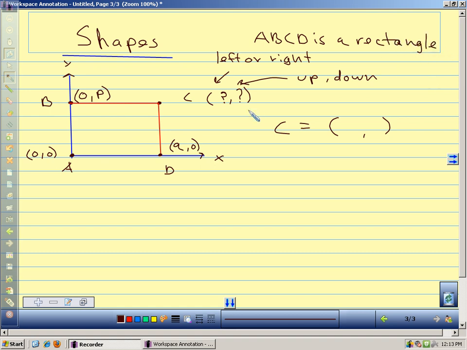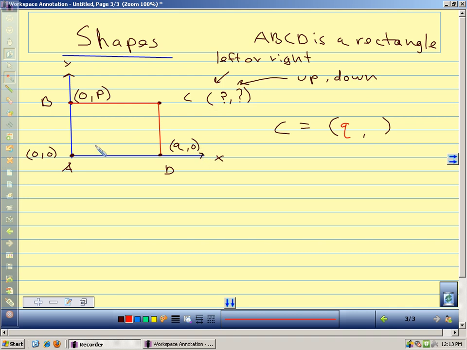If ABCD is a rectangle and point D is over Q spaces to the right, how far right have I moved to get to point C? It's the same. It's Q spaces. It's directly above point D. So I know that I go over Q spaces to get to C.